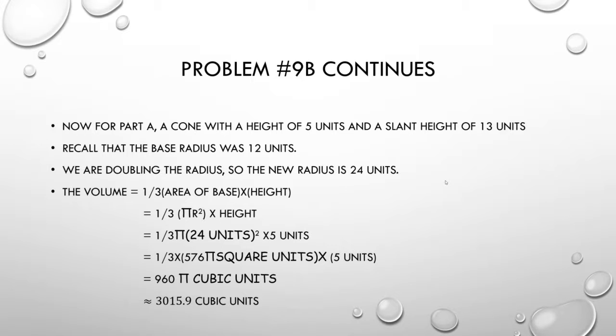The area of the base is pi r squared, and we know that the radius is 24 units and the height is 5 units. So we get 1/3 times 576 pi square units times 5 units, and that gives me 960 pi cubic units, or approximately 3,015.9 cubic units.